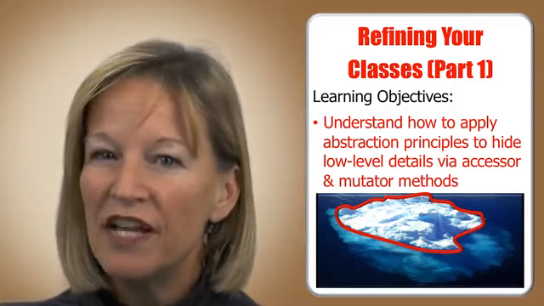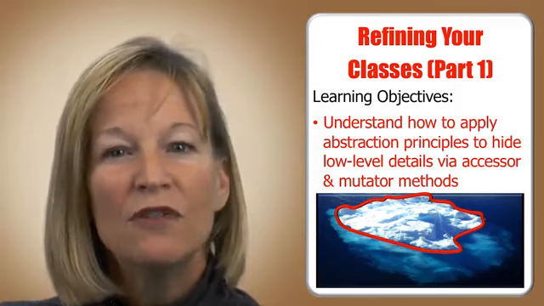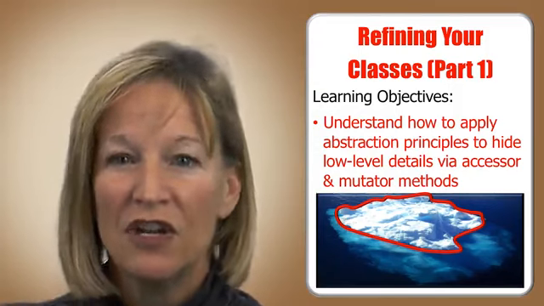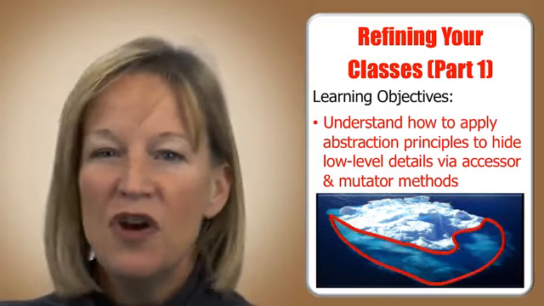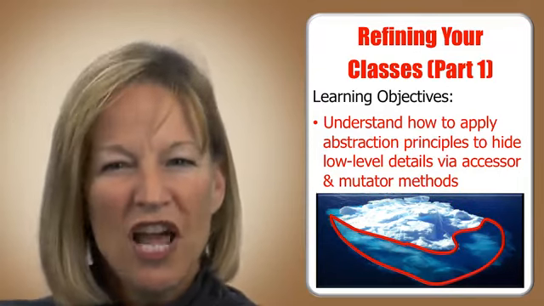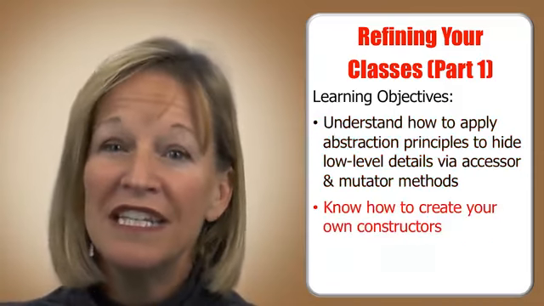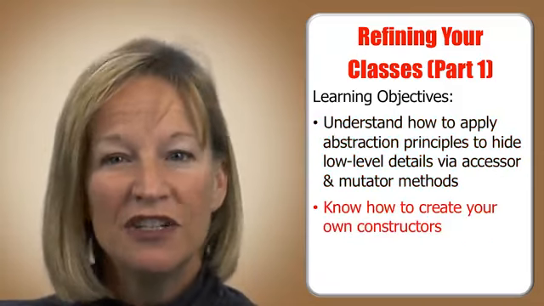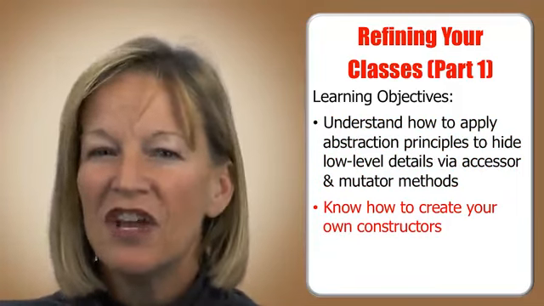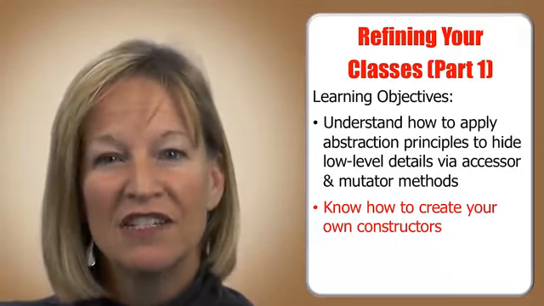As long as a client programmer who is planning on using our class knows how to interact with the objects of our class through methods, there is no need to reveal the low-level implementation details, which are likely to change over time. You should also know the ins and outs of creating constructors, such as being able to assess the type of constructors you need for a class and to write it in Java.